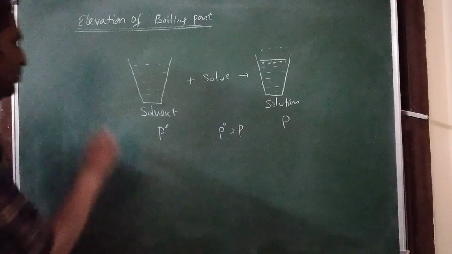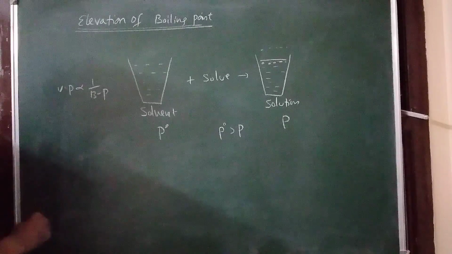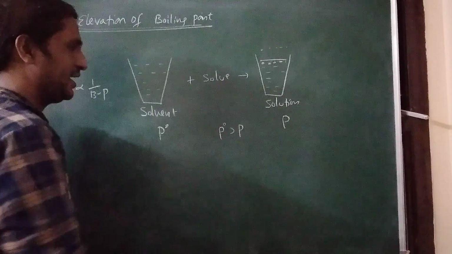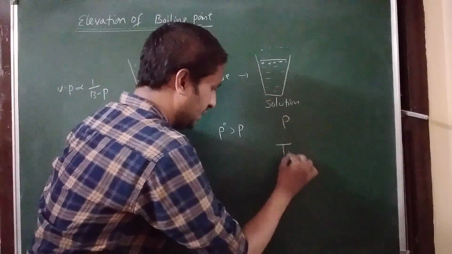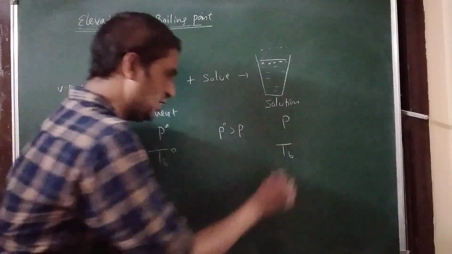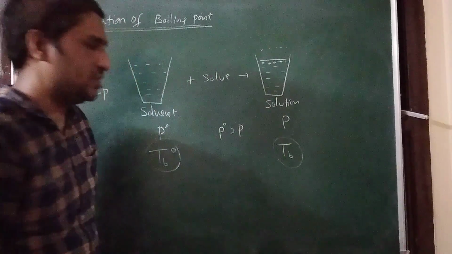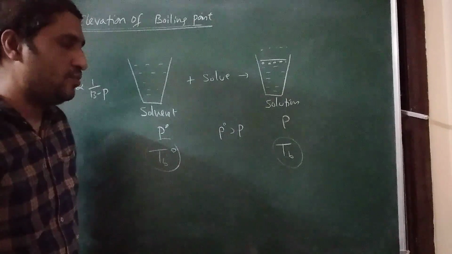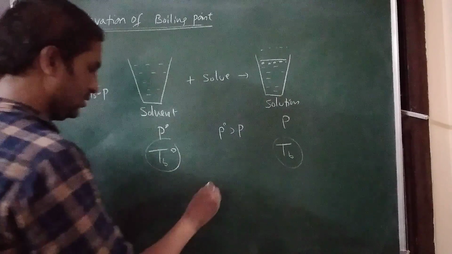We know that vapor pressure is inversely related to boiling point. So less vapor pressure means high boiling point. Let the solution boiling point be TB and the solvent boiling point TB naught. TB is always greater than TB naught. The solution boiling point is always greater than the solvent boiling point.